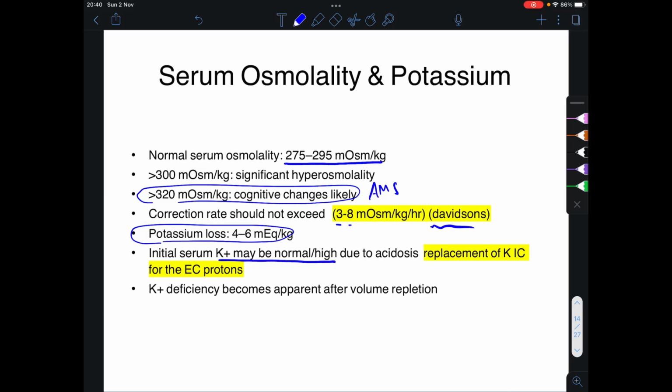The reason for this is that the patient is dehydrated and slightly acidic, and the body tries to compensate for the protons by exchanging them with potassium. So the protons go inside the cell and the potassium goes out, and therefore once you measure the potassium, it seems that it's normal. But after you introduce fluids, you will actually see that there is hypokalemia, and then we start treatment.